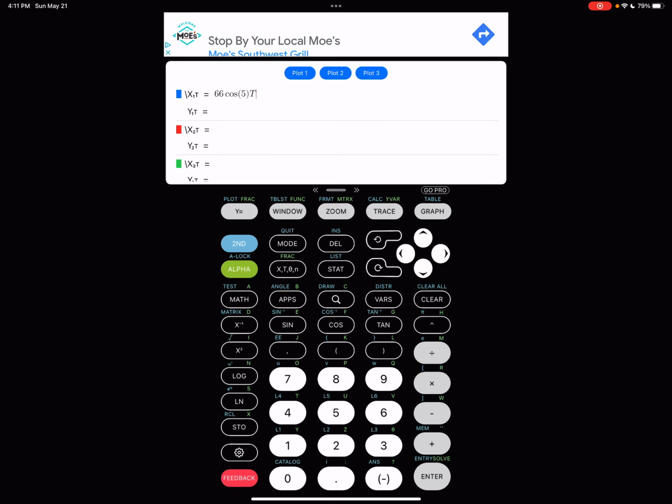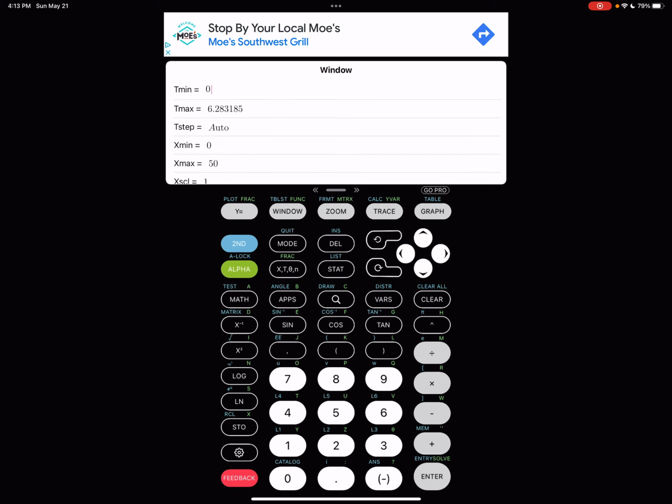So what I'm going to do now is put this into the calculator. So I have x1, y1 already done, which is the ball. And then I have 120. If I were to change my window, maybe I'll do 100 here and 100 here.